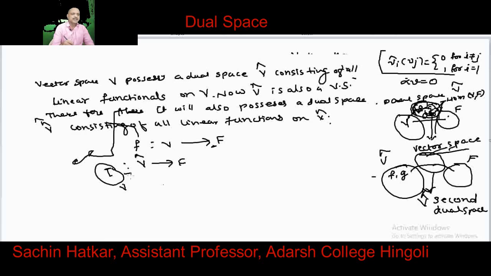This is V double cap and this is V cap. So, this is the definition of second dual space. Likewise, we can continue and take a third dual space like this.